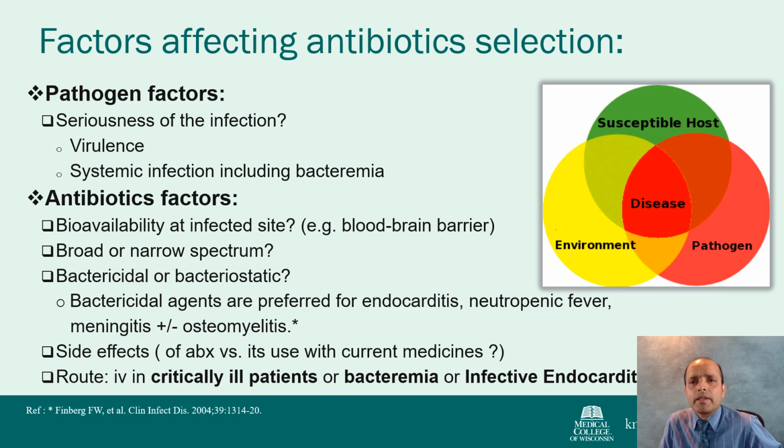Then in terms of antibiotic factors, bioavailability at the infected site. Let's say you are trying to treat meningitis. The antibiotic that you chose, is it going to cross the blood-brain barrier? That is a question you are going to ask. One example: cefazolin has been considered an unofficial drug of choice for MSSA.